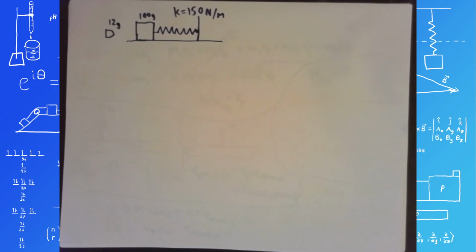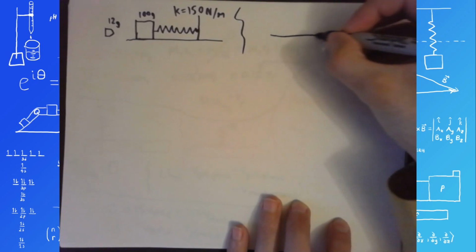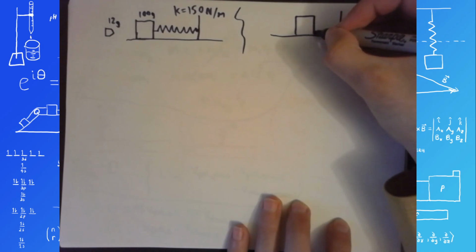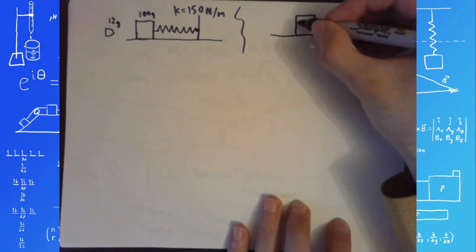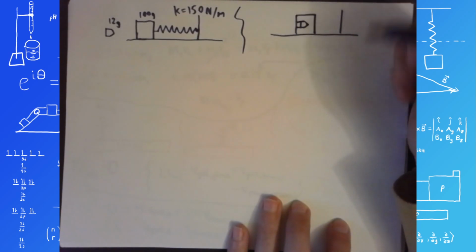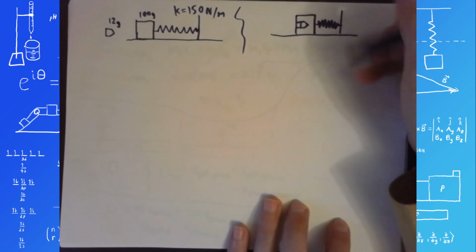The bullet becomes embedded in the block. If the bullet-block system compresses the spring by a maximum of 80 centimeters, what was the speed of the bullet at impact with the block? So, sometime later, the block with the bullet inside of it compresses the spring 80 centimeters.